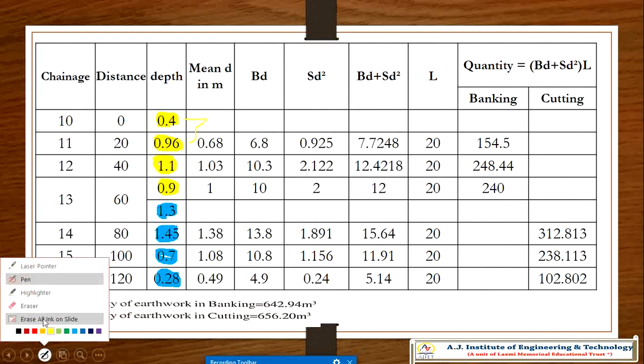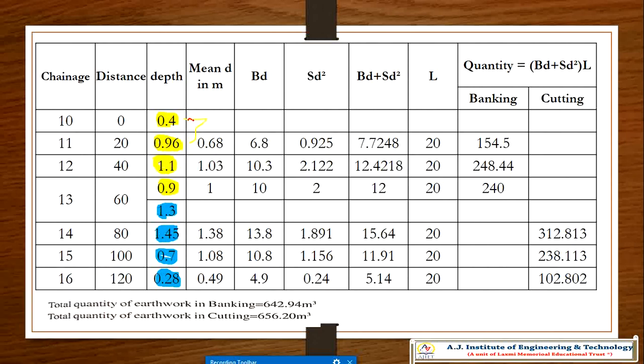It's not visible. This is the mean depth: 0.4 plus 0.96 divided by 2, 0.96 and so on. You have to stop here, because after that it will start again in the same column, in the same interval.